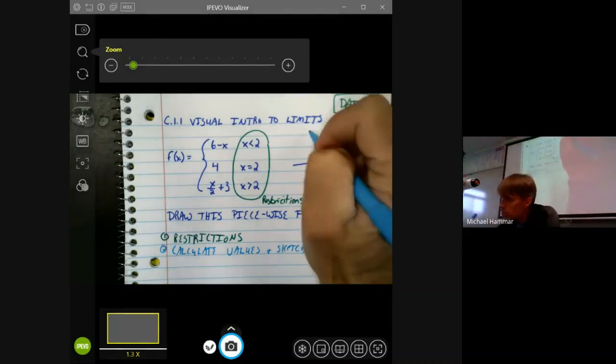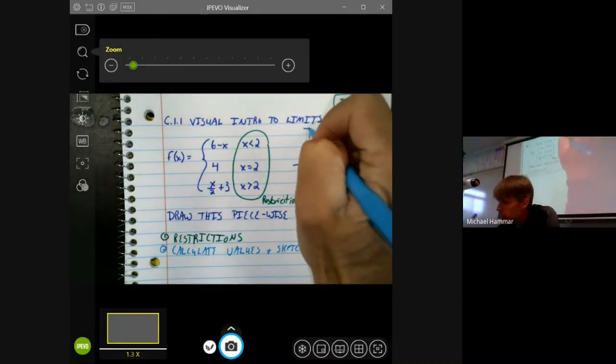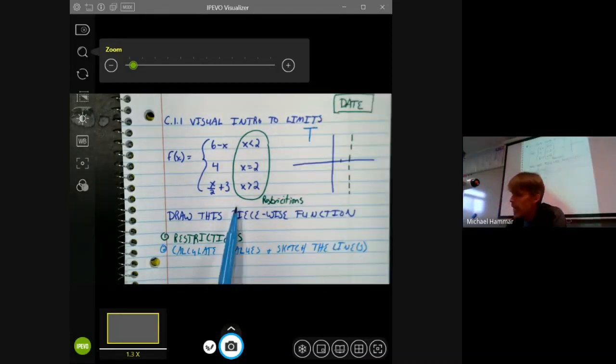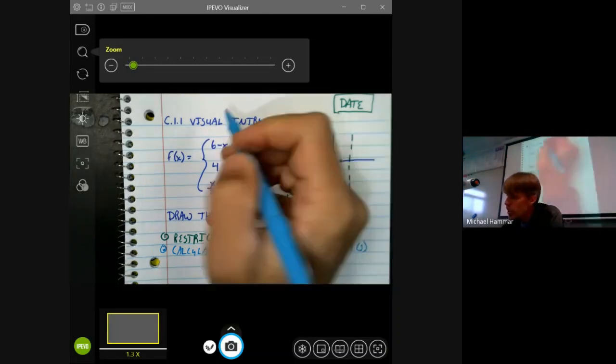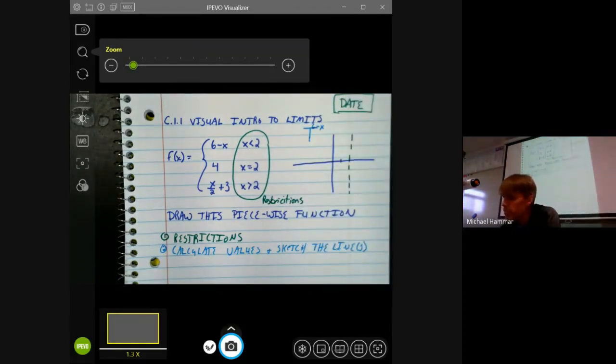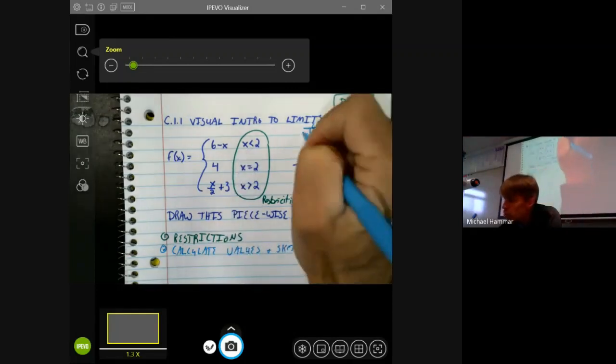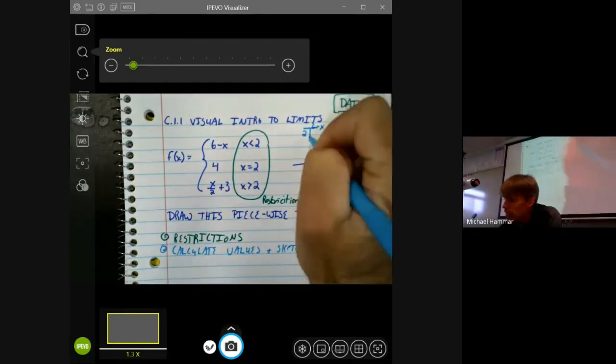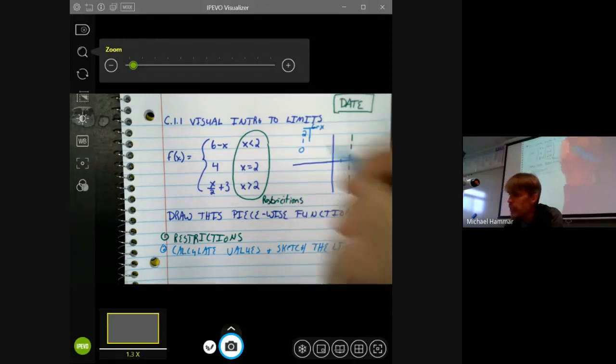So what I like to do is make just little tables of values, and I notice for this first one, the one that is below 2, I have to use this equation. So the equation I'm going to use is 6 minus x for any values that are less than 2. So I'm going to start at 2, then I'm going to go 1, and then I'm going to go 0.